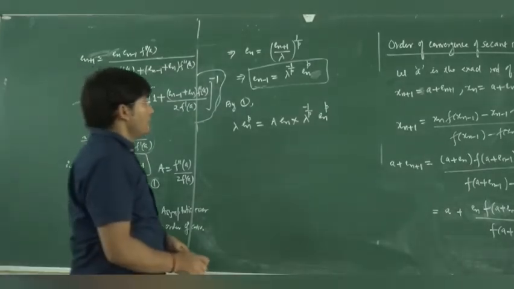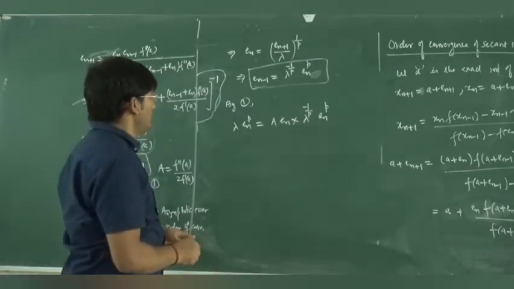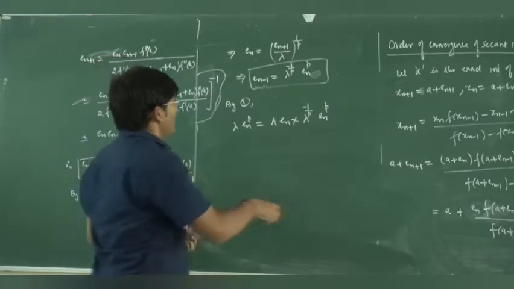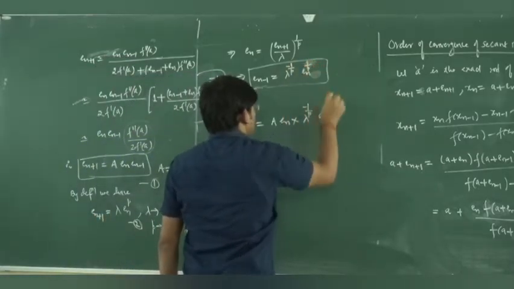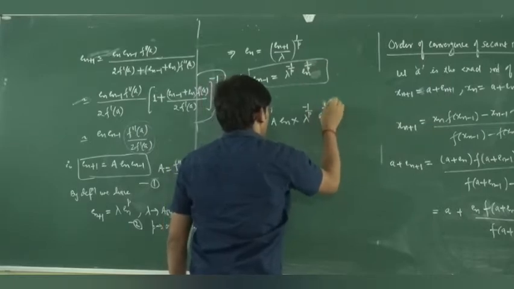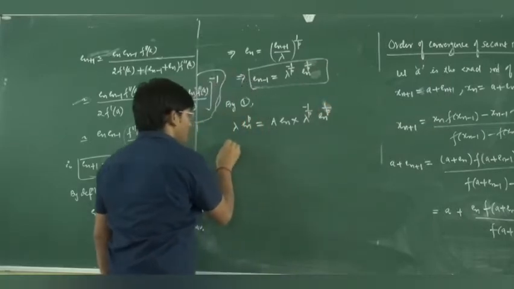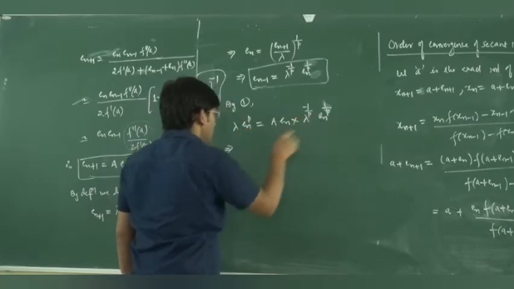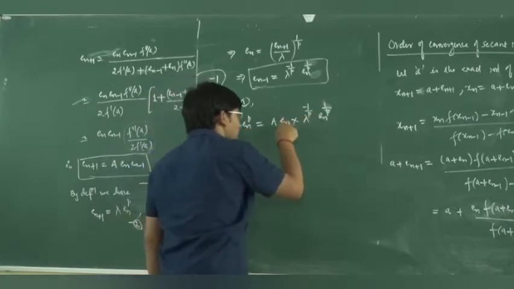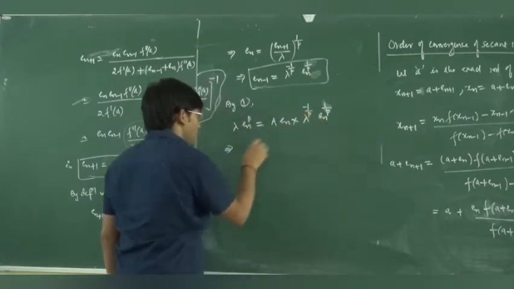Okay. So here we have 1 by p. So this is your 1 upon p. So again this is your 1 upon p. Okay. Now let us take this En power p in the right hand side, or you can combine this En and this En power 1 by p.